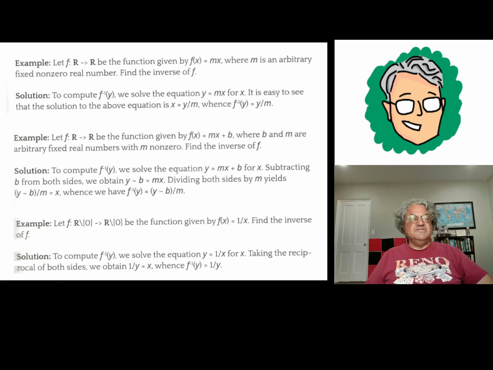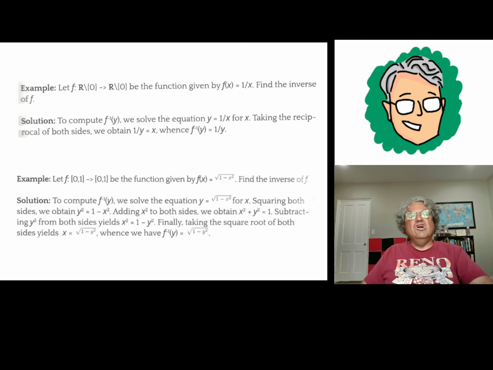And now finally, to solve for x, we divide both sides by m. So I think you'll see you get x equals y minus b over m. That means f inverse of y is the fraction y minus b in the numerator and m in the denominator. So that's the inverse of mx plus b, which is another equation of a line. Shouldn't be too much of a surprise.